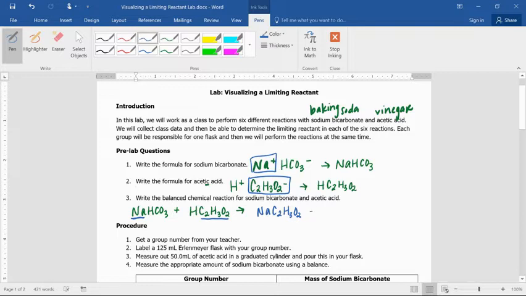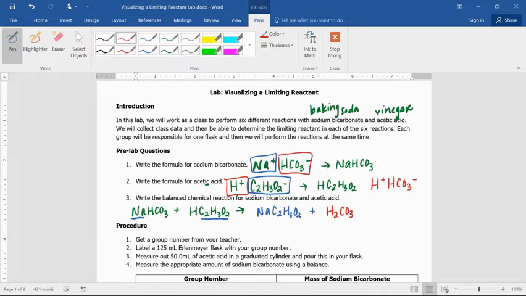The other product is a little bit harder to see because we have hydrogen, and it's now going to be bonded to bicarbonate. So if you're thinking about this, see how it's HCO3? So we can just call it H2CO3. But we're producing a gas, and none of these things are gases.